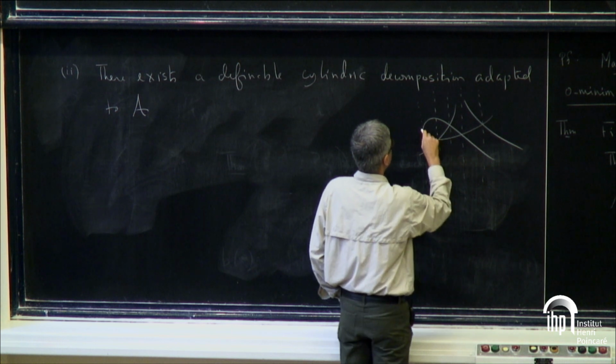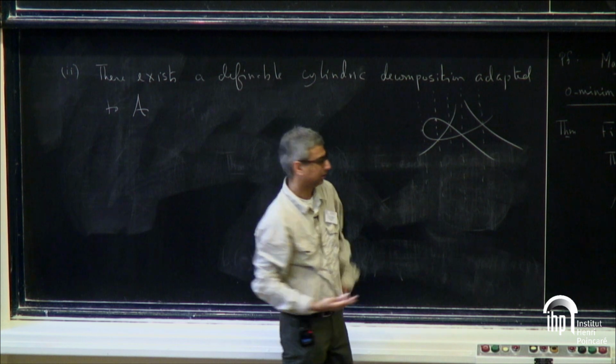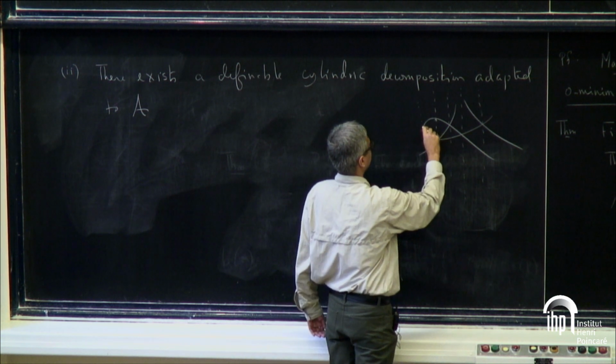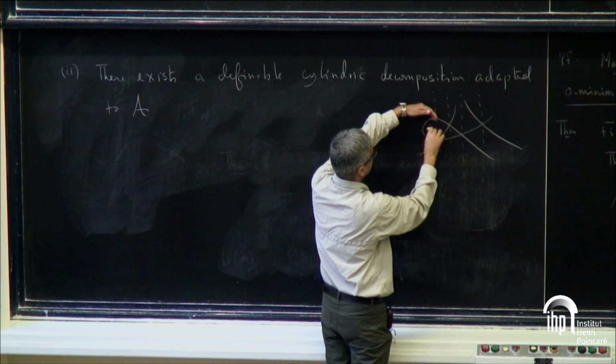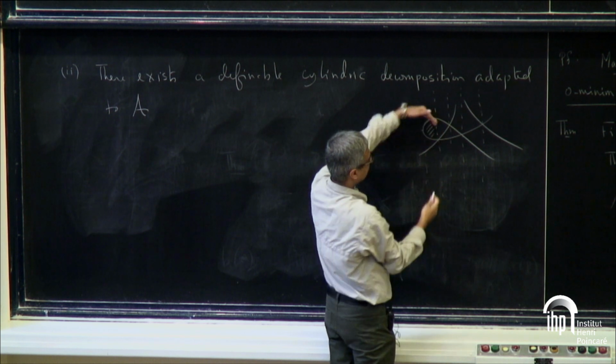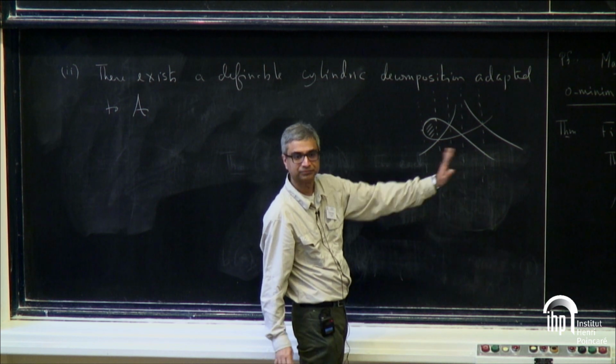So each cylindrical cell is a cylinder over a cylindrical cell. It has walls, and it's either a section cell like this, or it is a graph over another cylindrical cell in one less dimension.